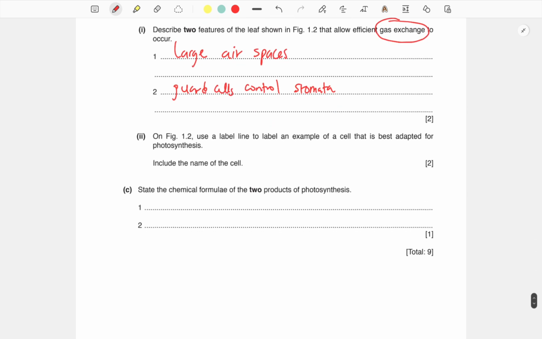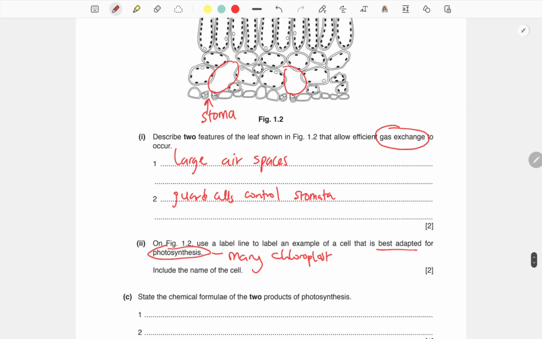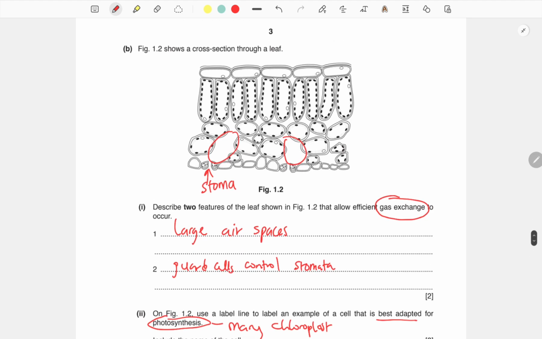And in the next question, it asks you to label a cell that's best adapted for photosynthesis, which means that it has many chloroplasts. Of course, that's going to be the palisade layer, or palisade cells in the palisade layer beneath the upper epidermis.